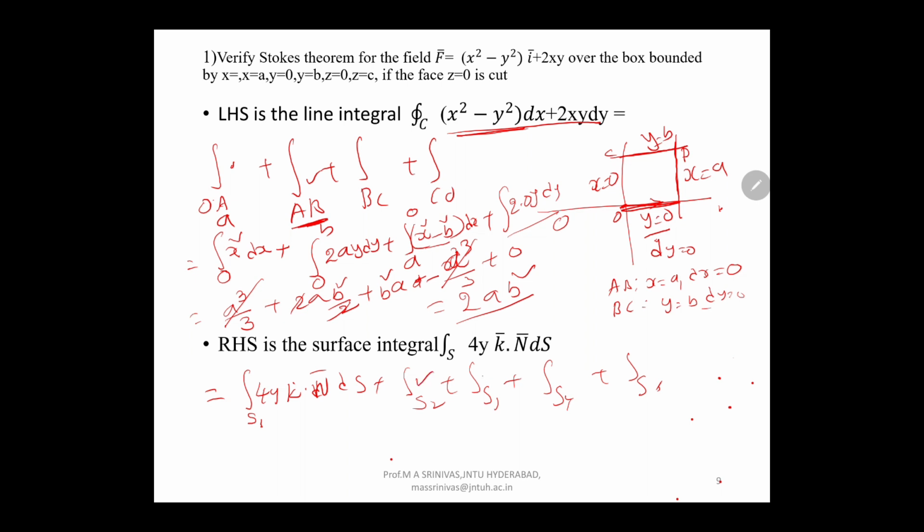So in the examination, you need to write here completely, don't write in this fashion. Integral S2 4y k bar dot n bar, here also you have to write 4y k bar dot n bar, completely write the integrand. So this is equal to this. We have to find out the five surface integrals. I think you know what the surfaces are.